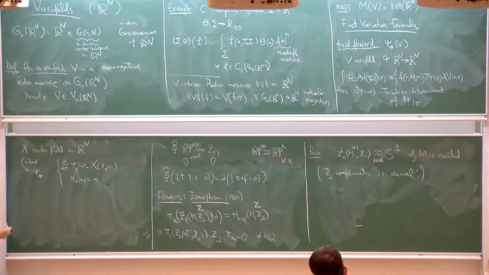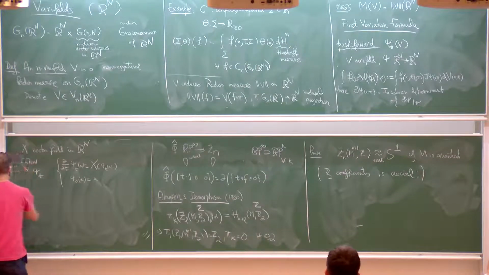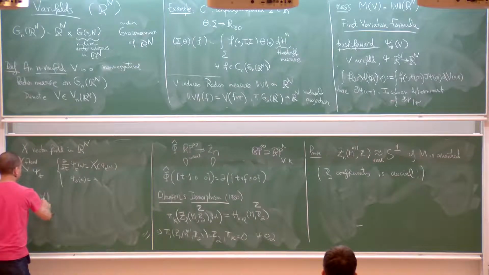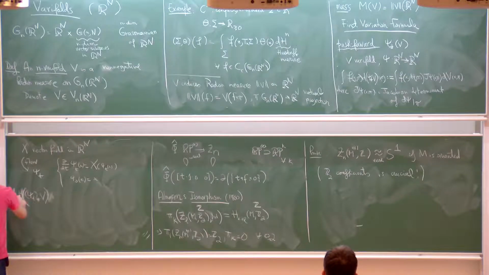Given a vector field, I consider the one parameter flow generated by it, and then I do the following calculation. I consider the push forward under psi t of my varifold V, take the total measure of that, the mass, and differentiate this with respect to t.